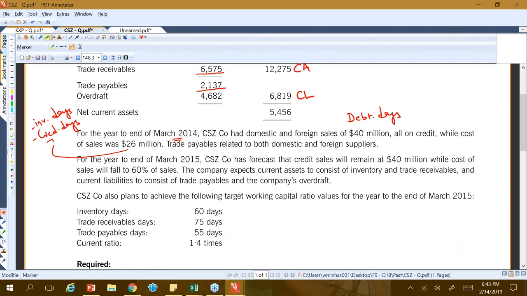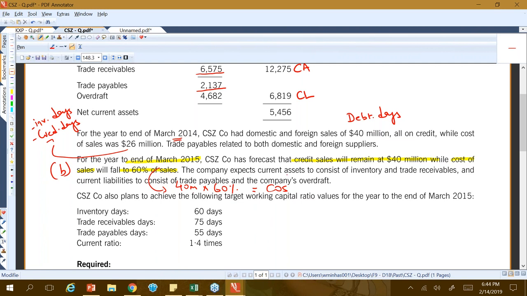For the year end of March 2015, so this is focusing on B, CSE has forecast that credit sales will remain at 40 million, while the cost of sales will fall to 60% of sales. So 60% of 40 million will be the cost of sales, whatever you get on your calculations here.